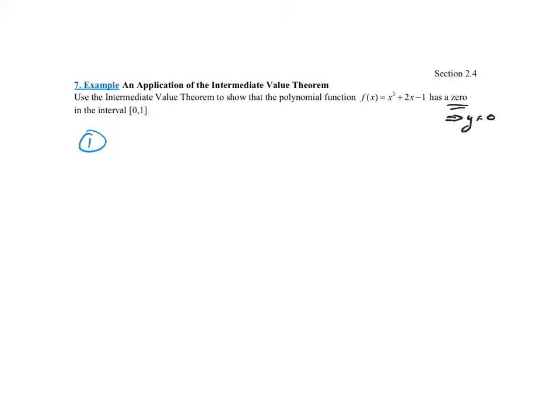What this problem is asking is just to tell me that it has to cross the x-axis. It has to create a 0, has to have an x-intercept between the x values of 0 and 1. And the intermediate value theorem tells us that this must be true, and let's see why. The first thing is we have to look at our function. x cubed plus 2x minus 1 is a polynomial function.